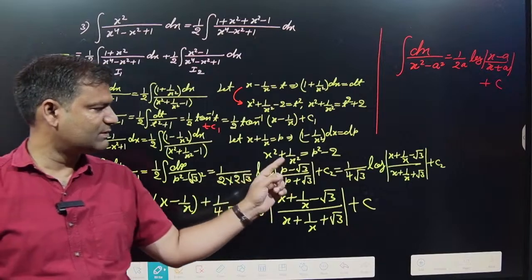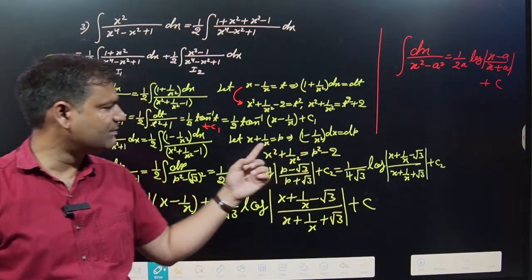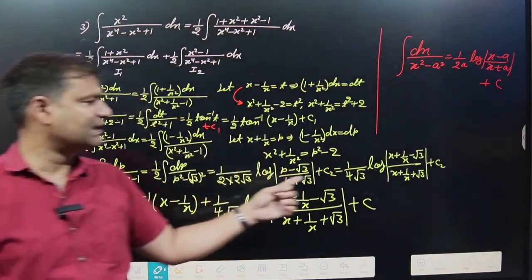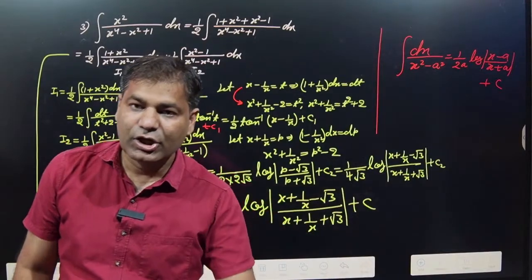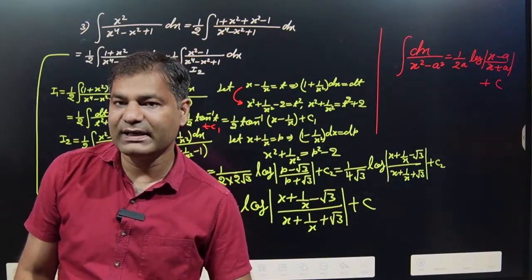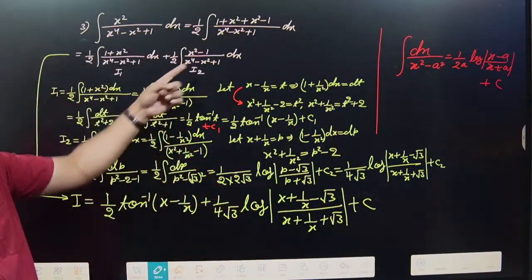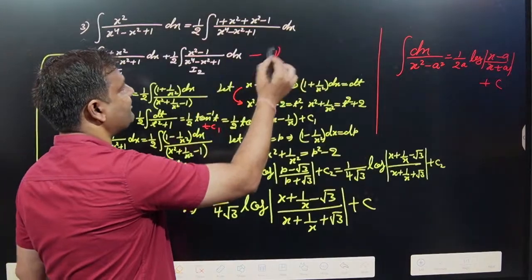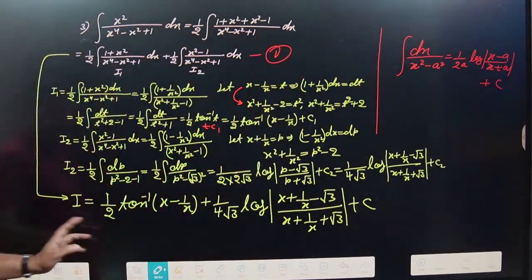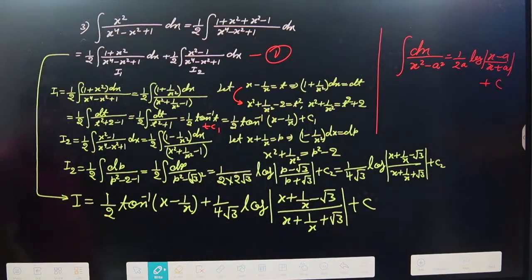Put that value in, and then p is replaced by x plus 1 upon x, giving the final answer. Now put these two values I1 and I2 in equation number 1, and we get the final answer. If anyone faces any doubt at any step, comment with the step, and I will describe it again.